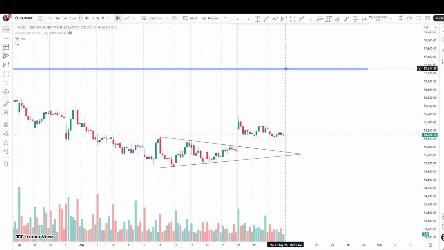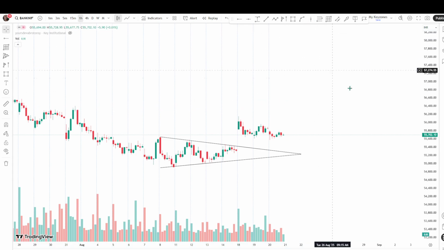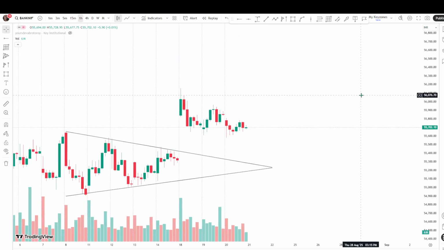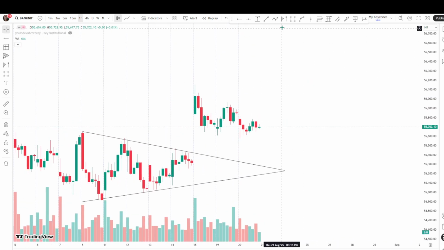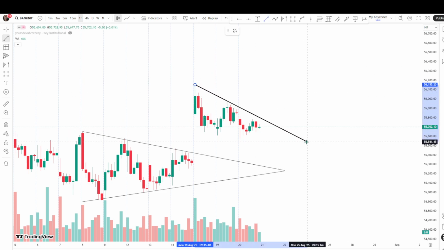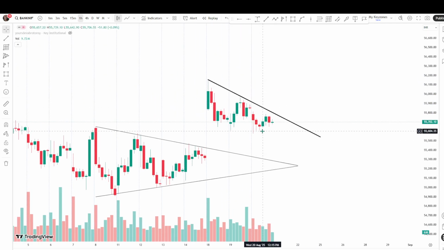So Bank Nifty, I think it is moving in a trend line like this. If I draw a trend line around this level, is it making a triangle again?